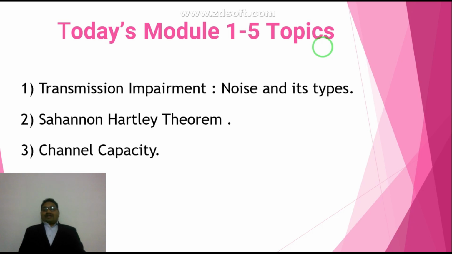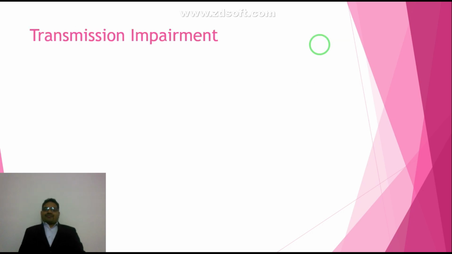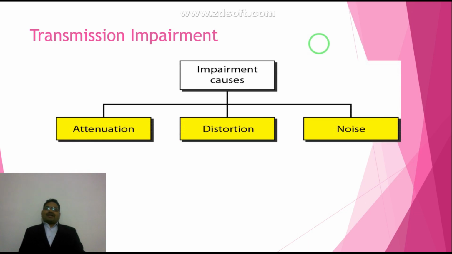Today we are going to discuss transmission impairment, the Shannon Hartley theorem and channel capacity. So let's start with transmission impairment. Now guys, when a signal travels or is transmitted through a transmission medium, those mediums are not perfect. Those imperfections cause impairment.